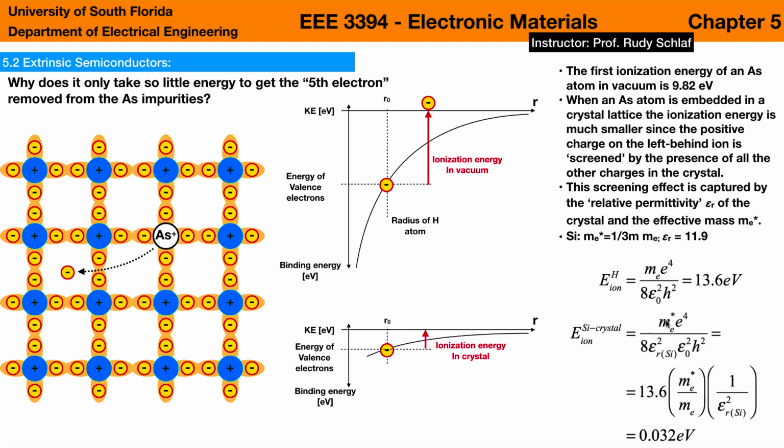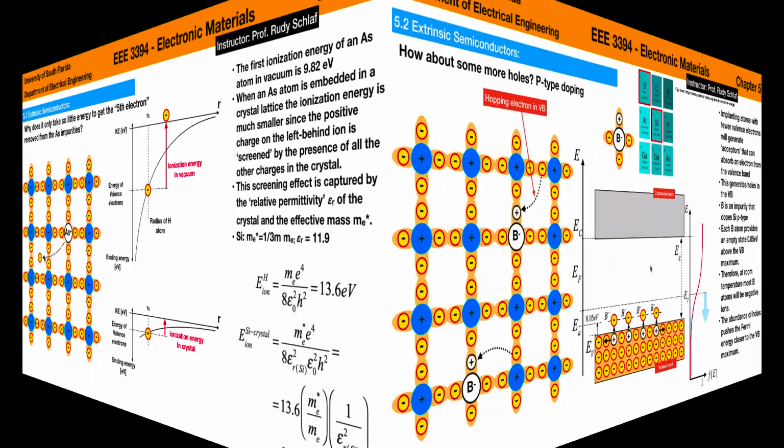Here we get a factor 3, and then here a factor 100 almost. And so that explains why the energy requirement is so much lower, and why simple thermal energy kT is enough to get this electron from the arsenic into the conduction band.